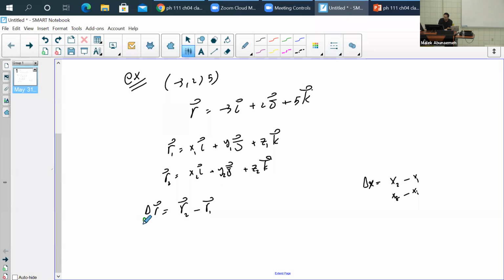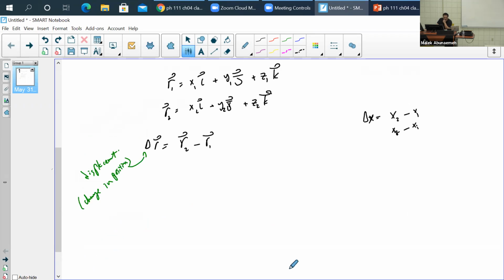So let me actually define this. This is your displacement, which is your change in position. So your displacement is R2 minus R1.